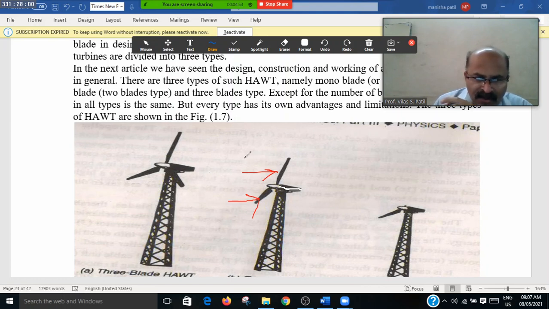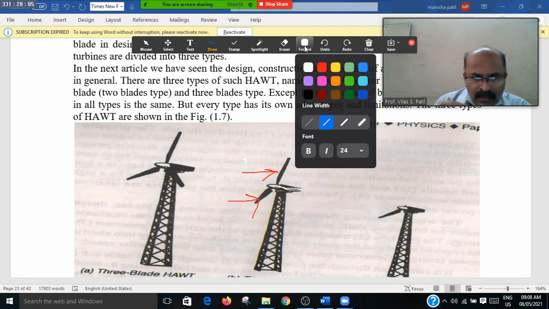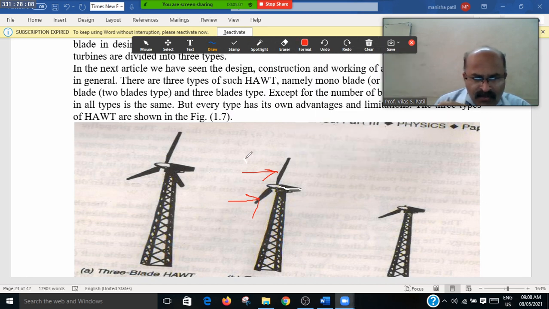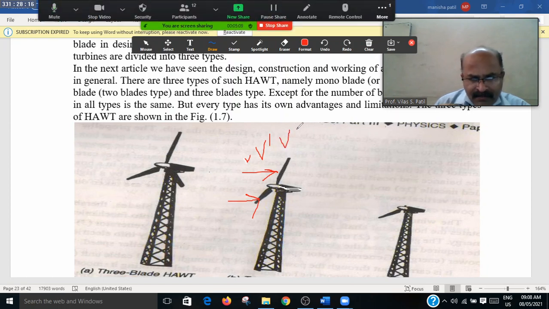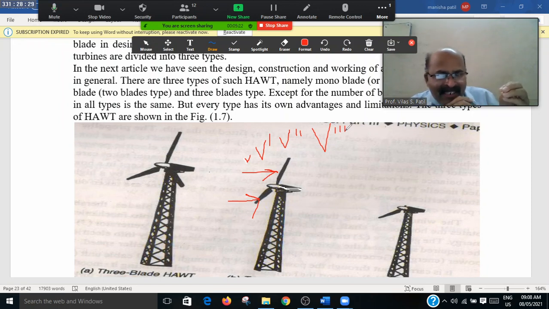The wind velocity was v, friends. It increased and became v dash, increased again and became v double dash, increased again and became v triple dash. I have drawn bigger and bigger v's, see. The small v is a very small wind velocity. Again the next velocity, that is v dash, again v double dash and v triple dash.